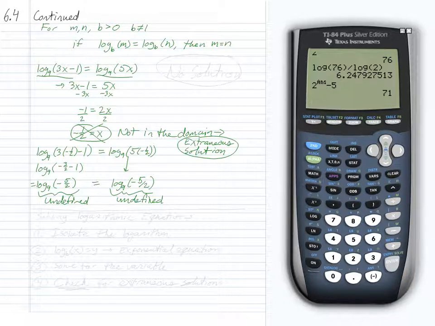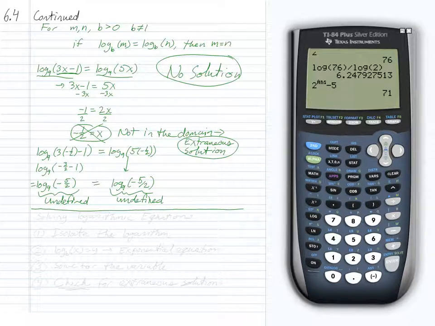What I can take away from that is that this equation has no solution. So, with this type of equation, if I have logarithms, I always have to make sure that I'm not plugging in negatives or 0.